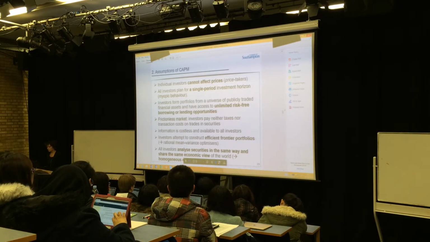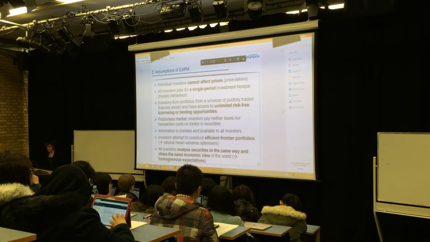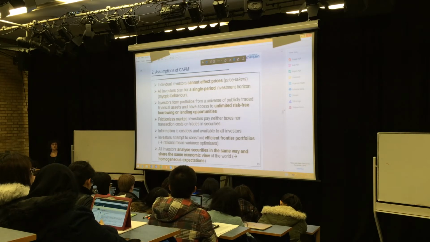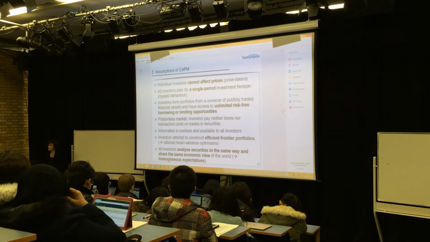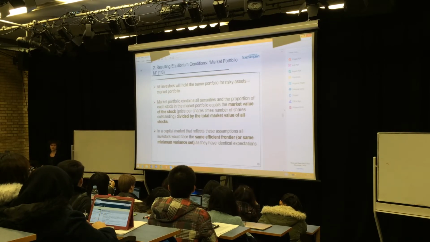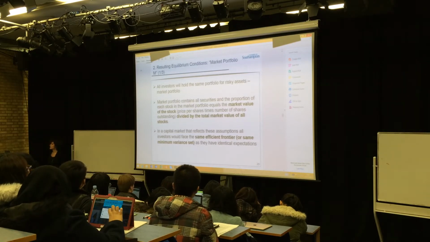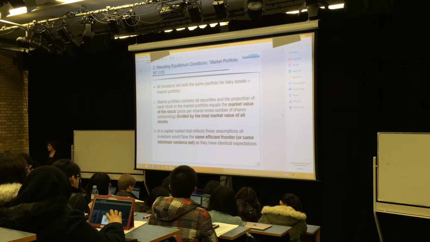All investors analyze the securities in the same way, so they have homogeneous expectations, and this means that they invest the money in the same risky portfolio. So what changes among the investors is the quantity they invest in this market portfolio.